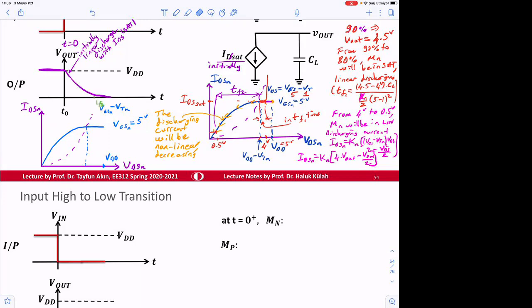Maybe I should do this small so that I can erase locally. Okay.